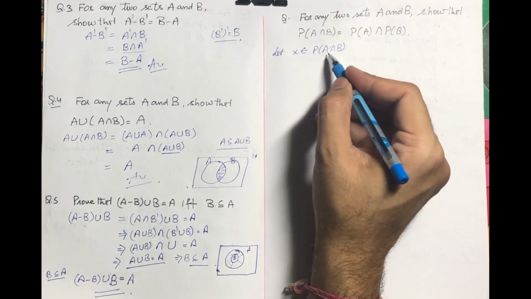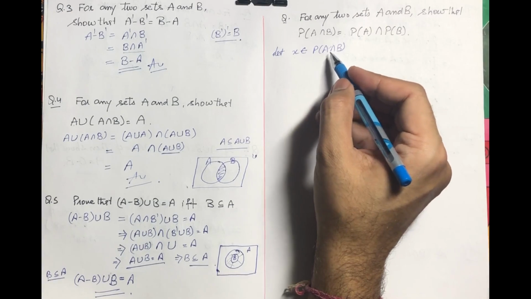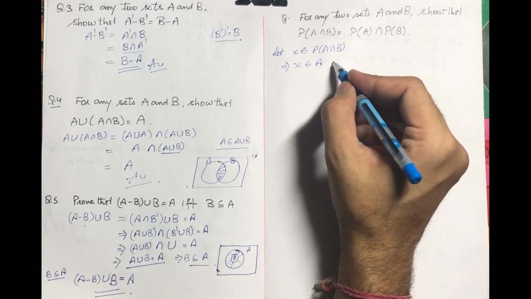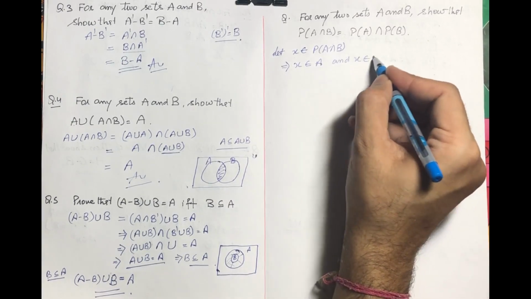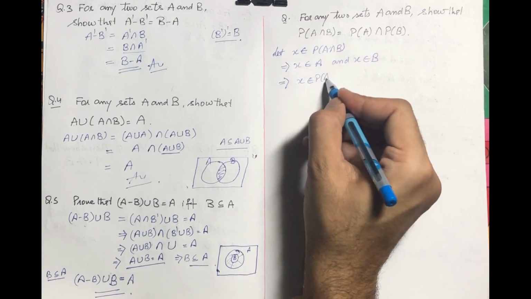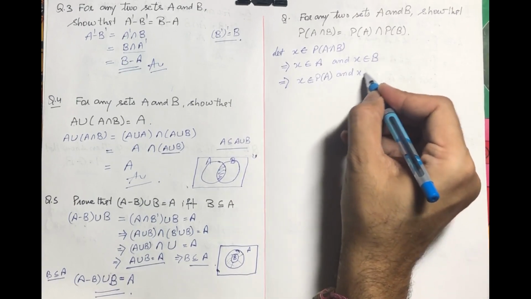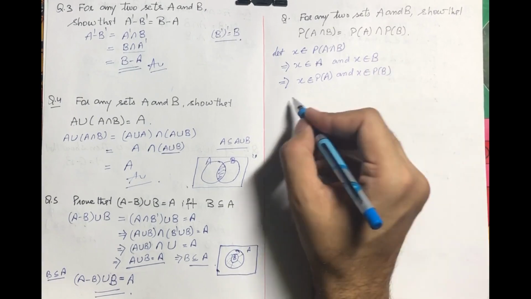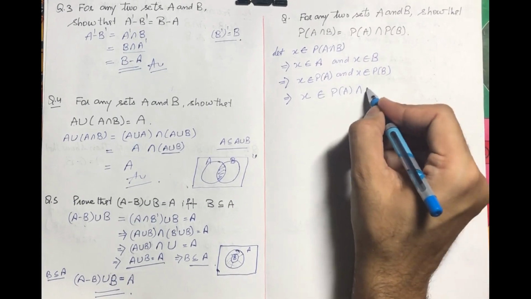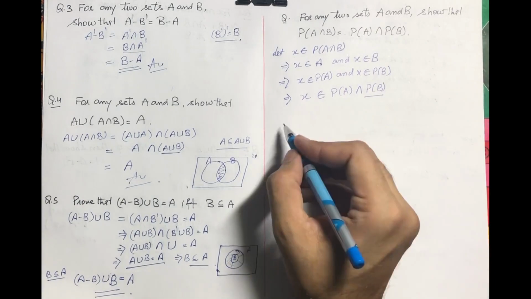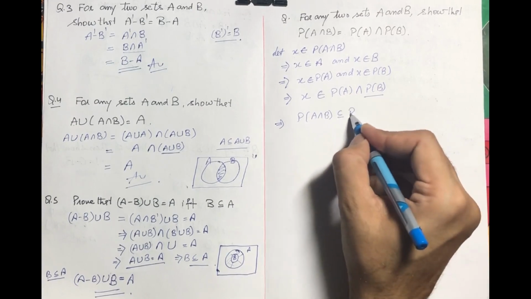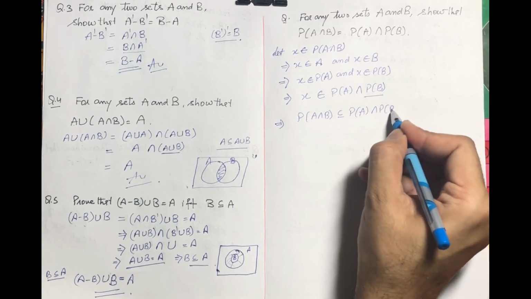Now if X belongs to the power set of A intersection B, this implies X is contained in A and X is contained in B, which further implies X belongs to power set of A and X belongs to power set of B. So this further implies X belongs to power set of A intersection power set of B, which means P of A intersection B is contained in P of A intersection P of B.